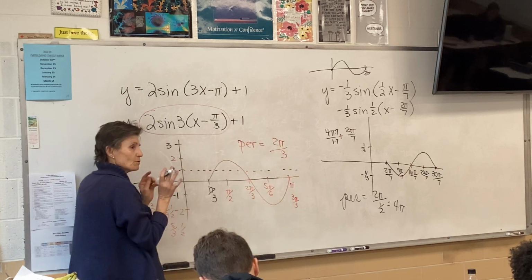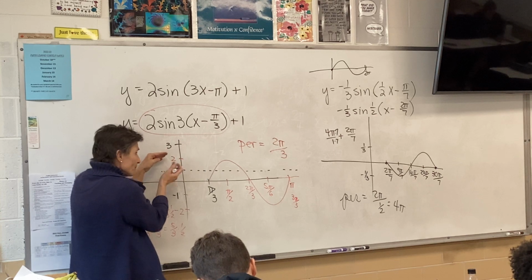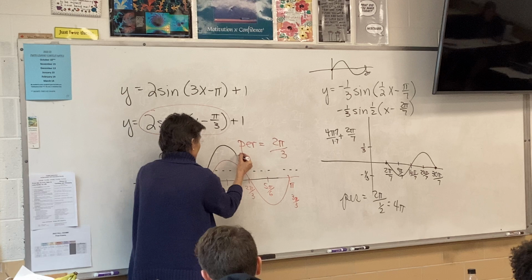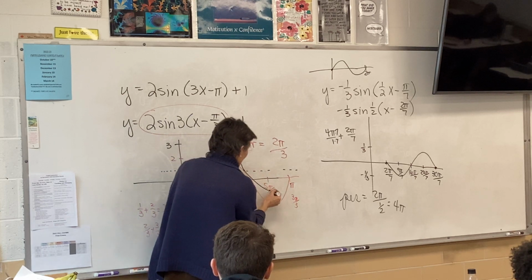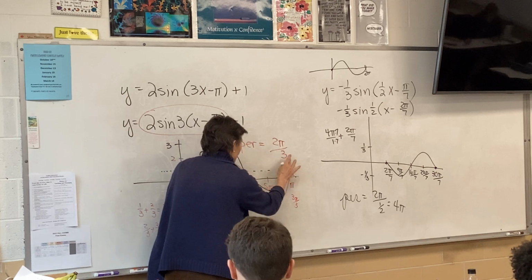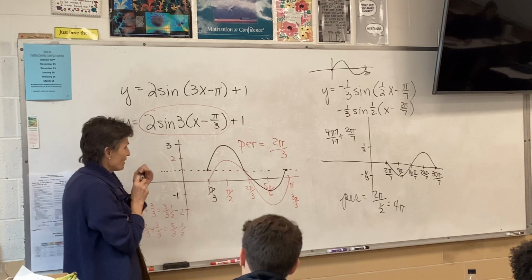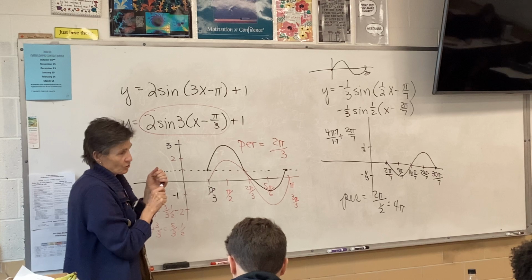You don't have to do that if you don't want to, but that's what's happening, right? Everything's getting lifted up 1. So now we're starting here, going up to 3, coming down to 1, finishing up right there. So the black thing is the answer to the question.